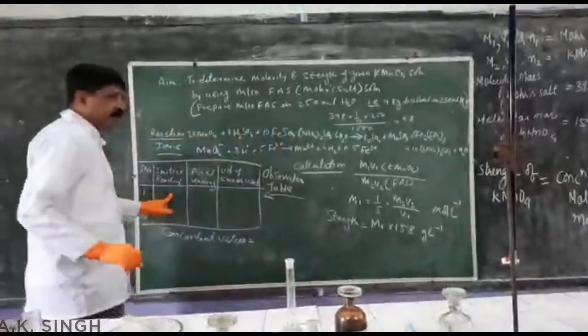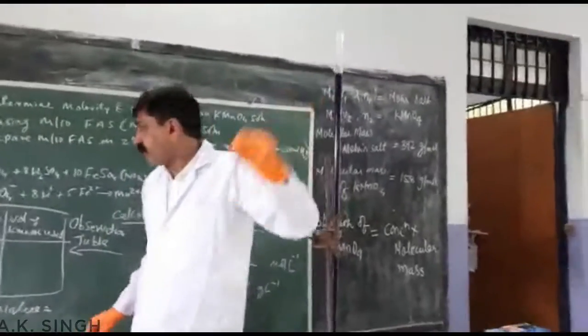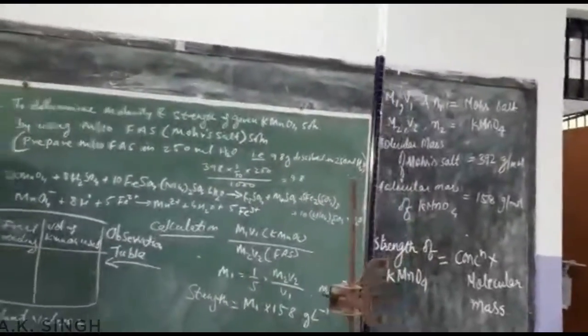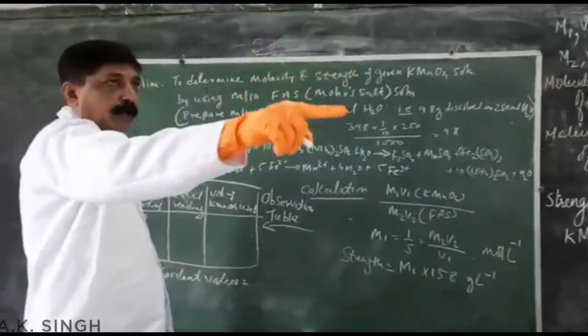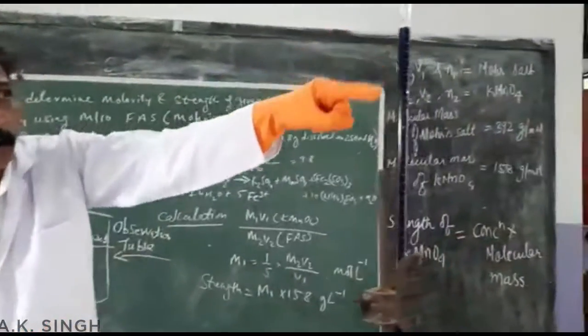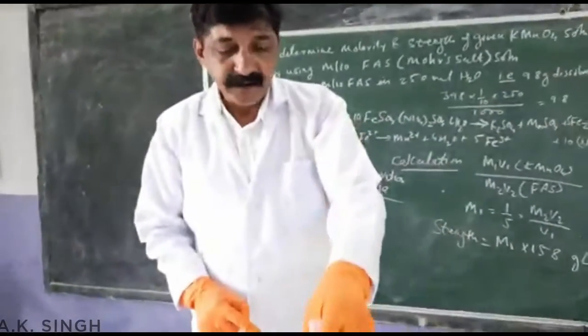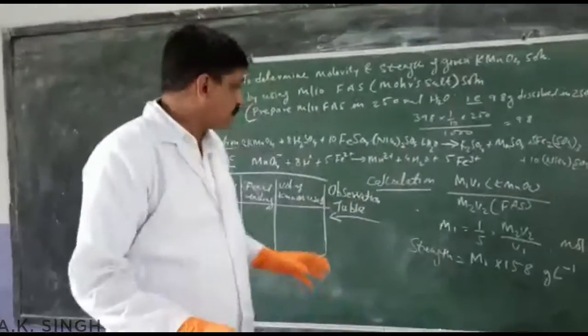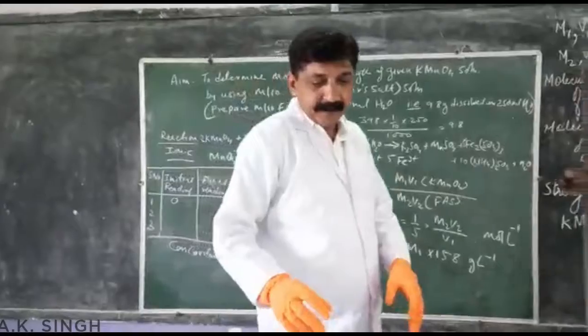Initial reading means reading of the burette. Here it is 0, so initial reading will be 0. And the final reading is the amount of KMnO4 used while titrating it against the FAS solution. We will see by performing the experiment, and then I will explain the calculation part.